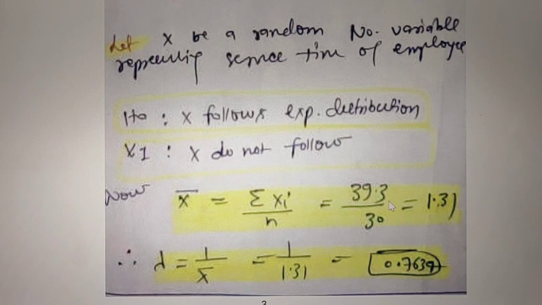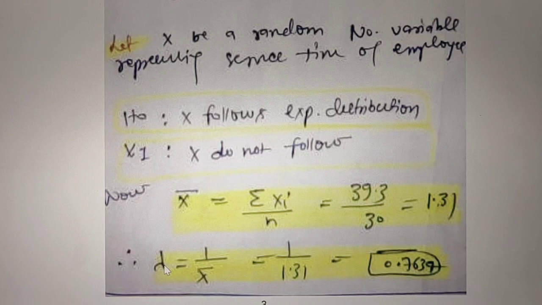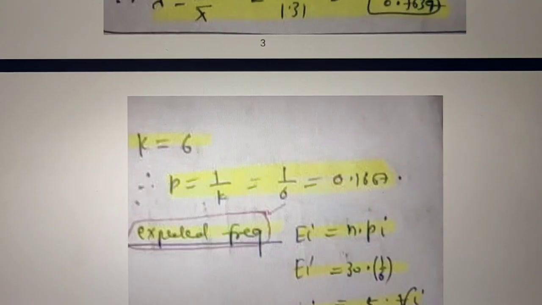So 39.3 divided by 30 gives 1.31, and as in the exponential distribution the parameter is 1 upon x bar, it will be 1 upon 1.31, so we get 0.7634 as the value of lambda.